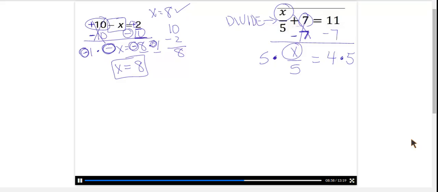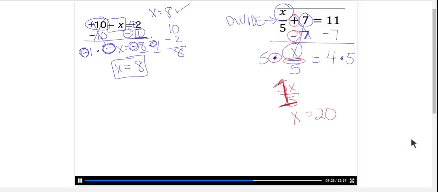And this also works because we talked about inverse operations. Division and multiplication are inverse operations, so they cancel each other out. So 5 times x divided by 5, that's like saying I have 5x divided by 5. And we already know that this now can give me that coefficient of 1 with just x. And 4 times 5 is 20.